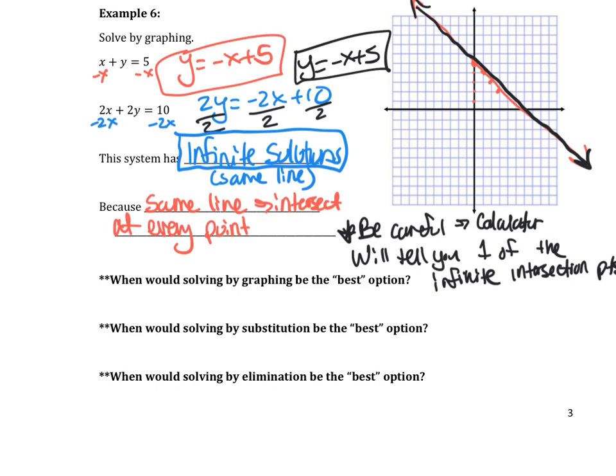But if you're trying to pick between which ones to use, graphing is usually the best option if y is already by itself for both of them, or it's easy to get y by itself, because we need to have y equals in order to graph. Like we just have to subtract one term over.